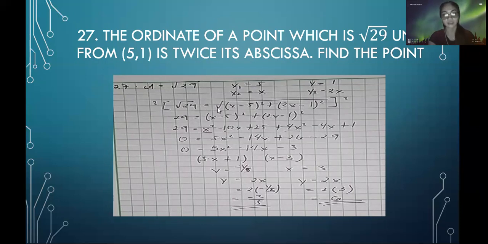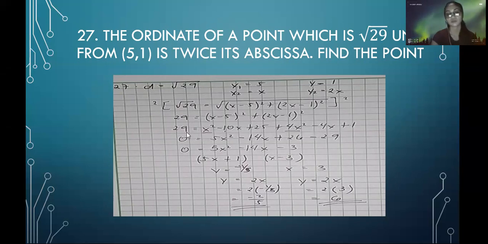Square root of 29 is equal to square root of x minus 5 squared plus 2x minus 1 squared. Then square both sides, so the radical sign is cancelled. So 29 is equal to x squared minus 10x plus 25 plus 4x squared minus 4x plus 1.